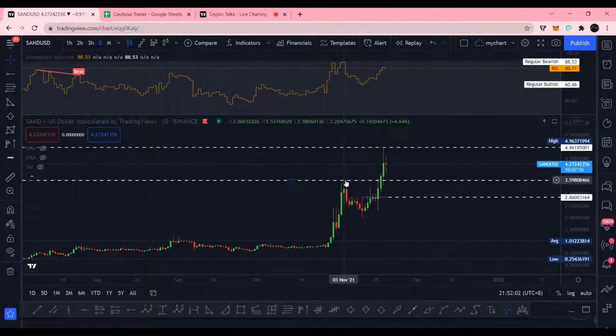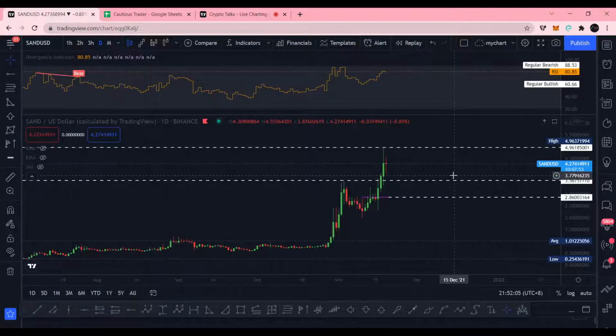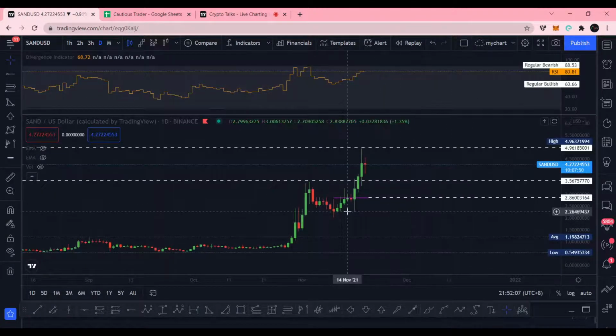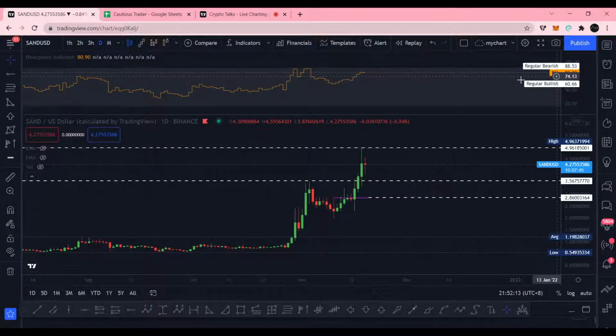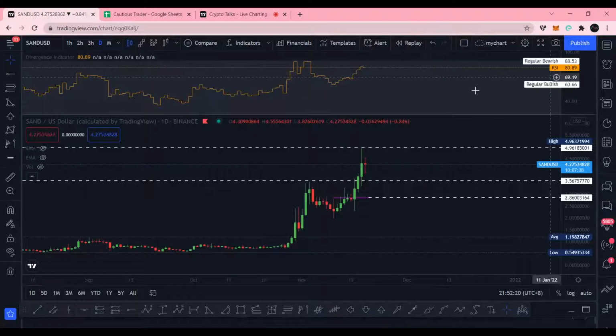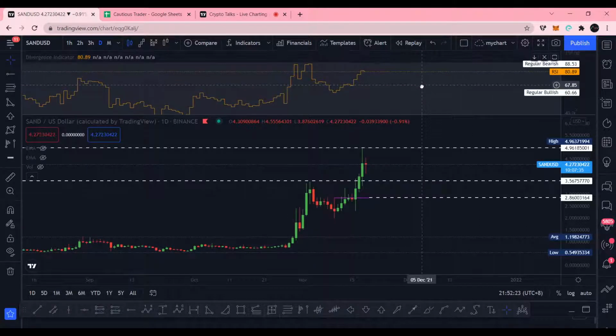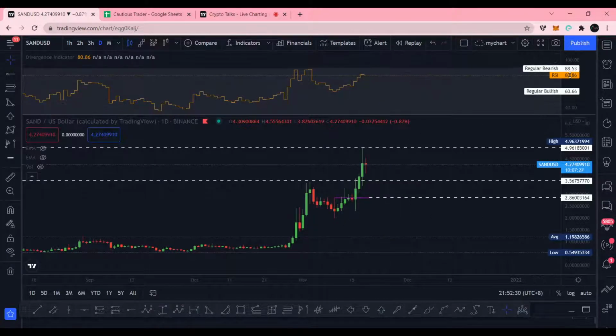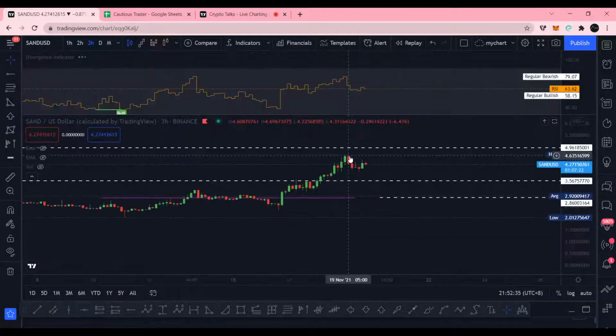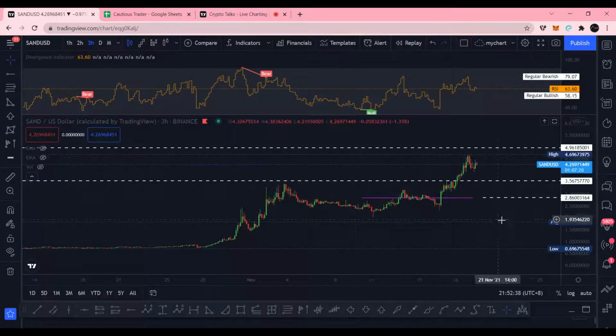Because though there's still a possibility of it going up, it's just that at these levels, it seems like it might possibly have a correction. Why? Yeah, kaya let's look at the lower time frames.